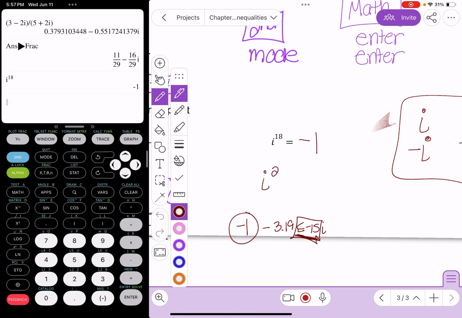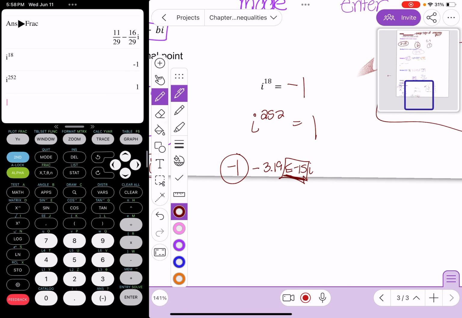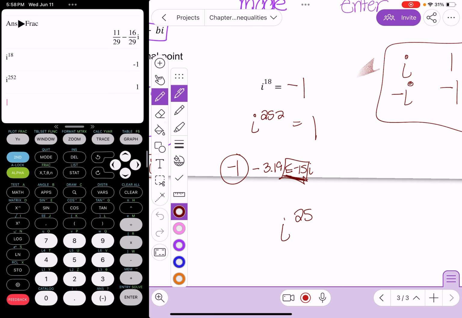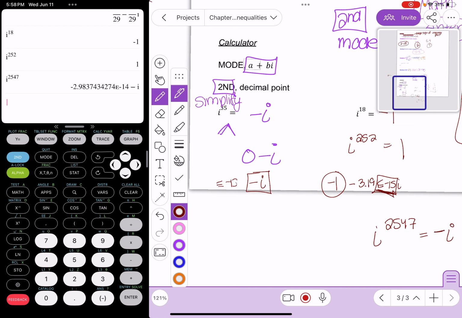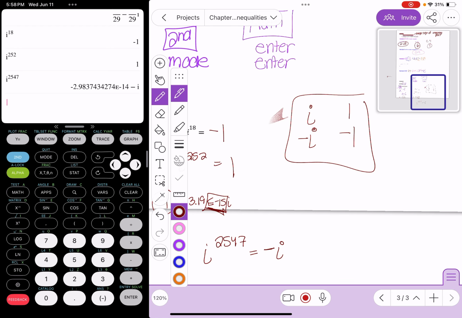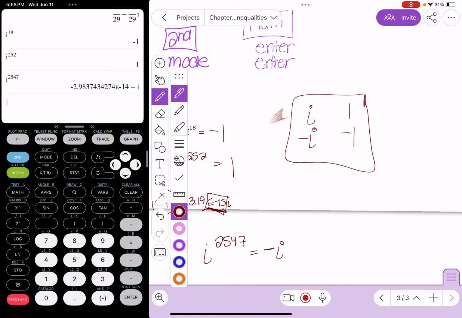If I did i to the 252nd, it's 1. If I did i to the 2547th, I get that big long thing again and then minus i. So that's really negative i. So you can just stick those right in the calculator and it'll do it for you.